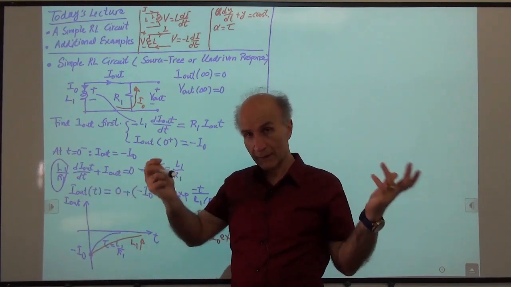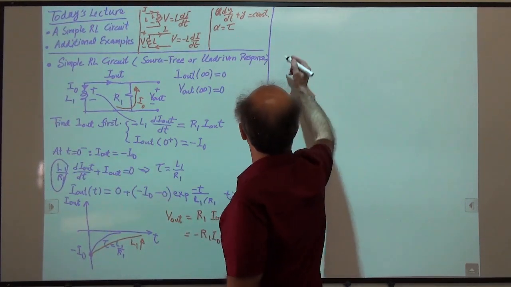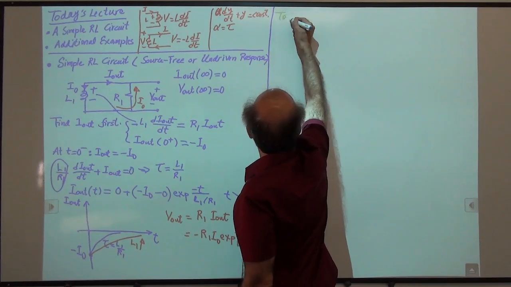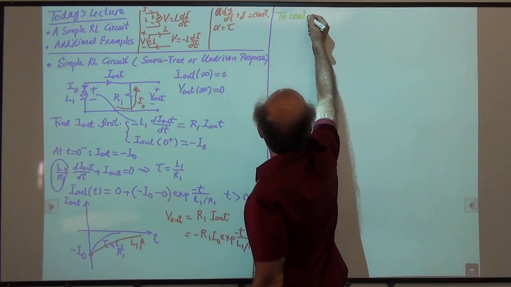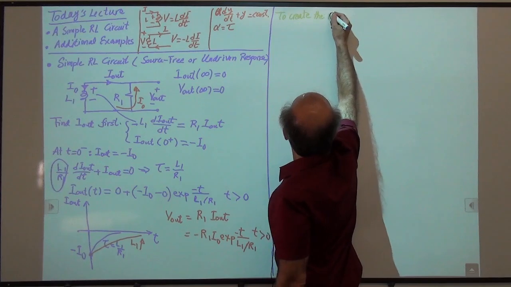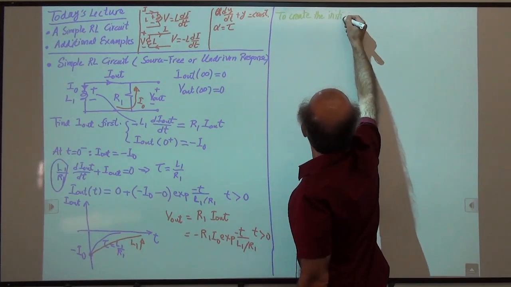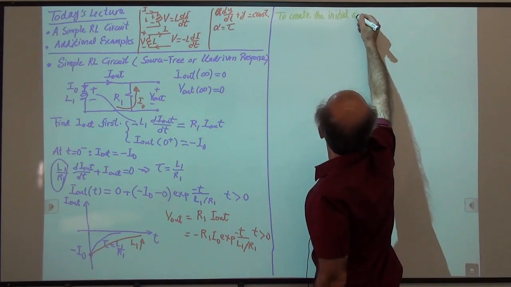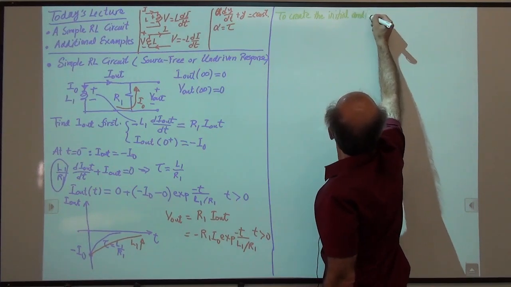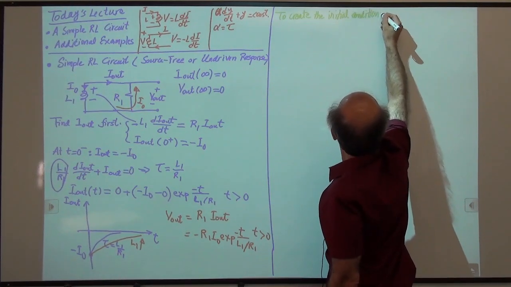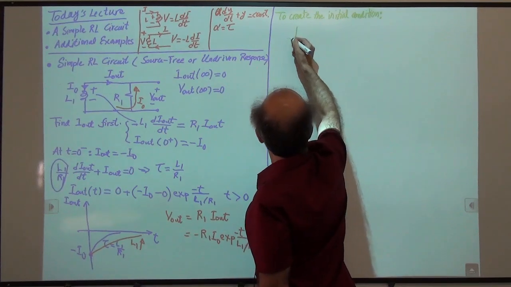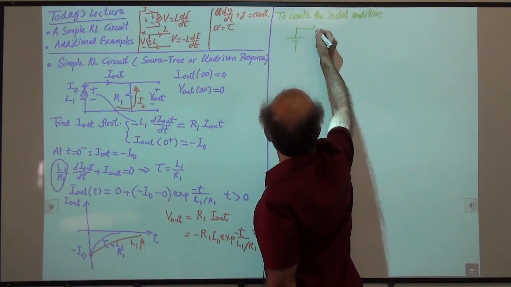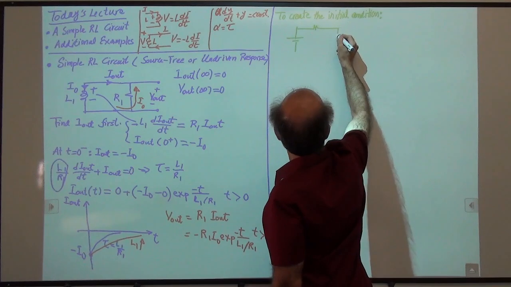For an inductor, it's a little trickier, but here's how we do it. So to create the initial condition, we go back to a circuit that we studied last time. That's how we do it. We have a battery, we have a resistor, and we have an inductor.